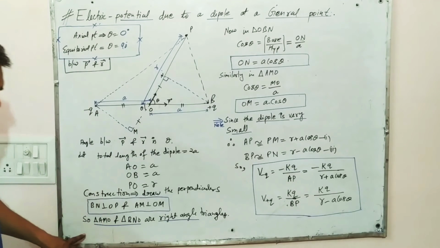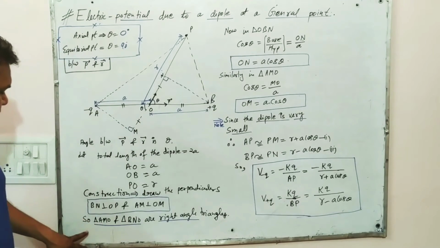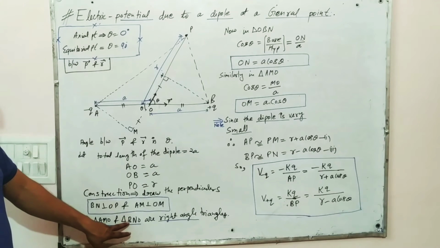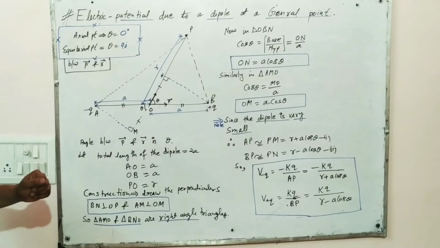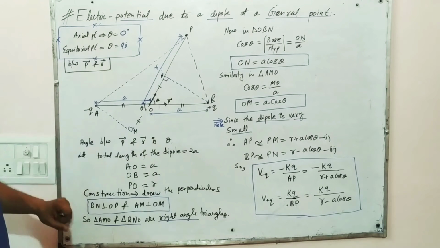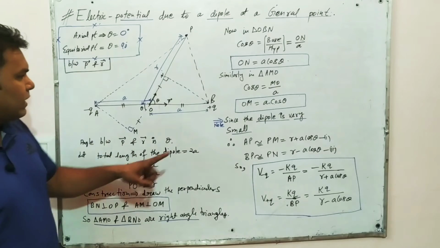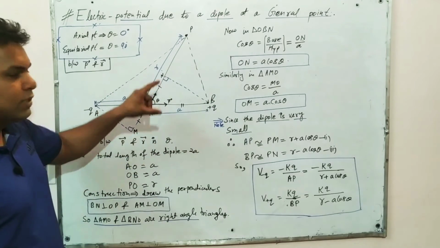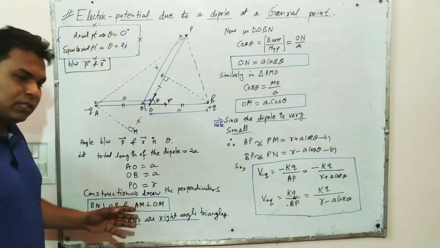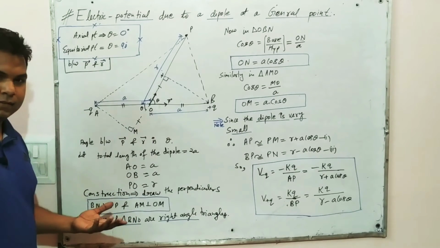Now what we have is the triangle AMO and the triangle BNO. Our triangle AMO is a right angle triangle, and our triangle BNO is also a right angle triangle. Clear? So here we can use the right angle identities.